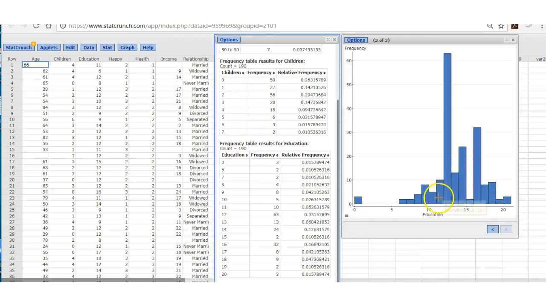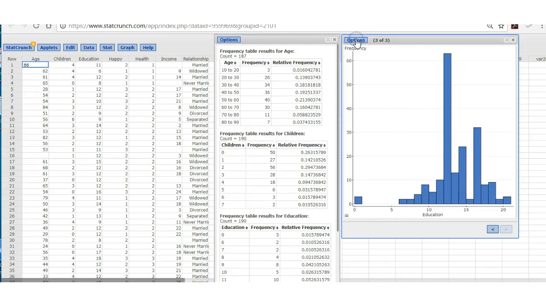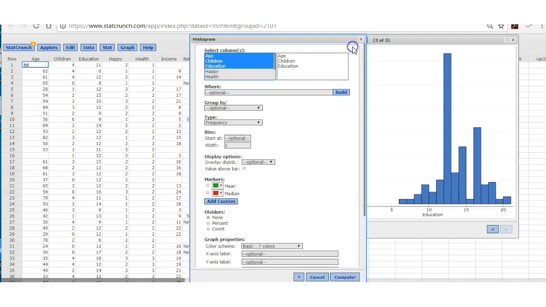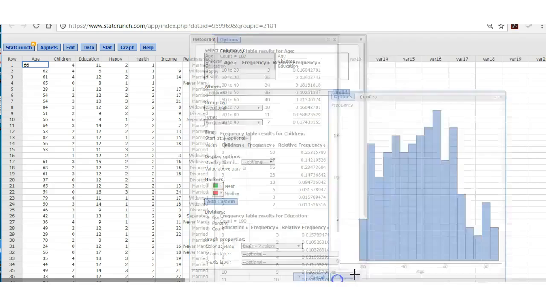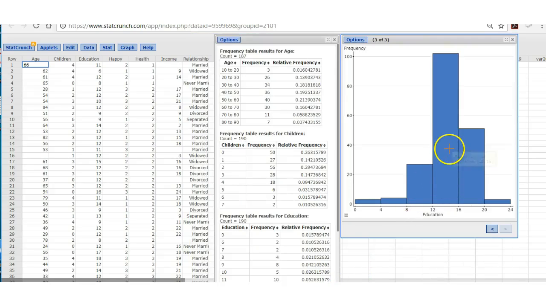Now for this one, if we wanted to group these differently, we could go back and change the class width. For example, if we wanted to make the width 4, that would make fewer classes that we'd have to look at. This gives us a little bit different picture of our data. This tells us that most of our data was in the 12 to 15 years of education.